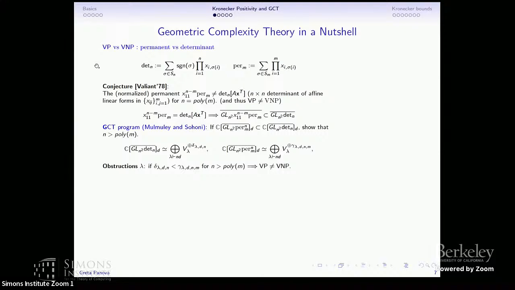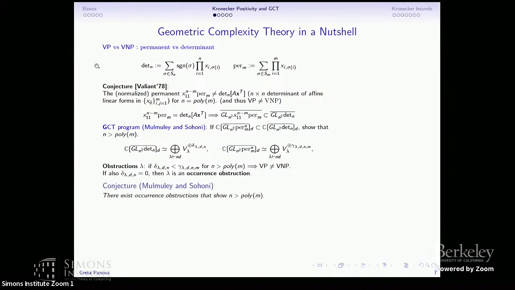And if we show this for n bigger than polynomial of m, then we basically get that VP is not equal to VNP. So this is a constructive approach. We need to find a partition for which this inequality holds, and then we get distinction. This is the idea of the GCT problem.